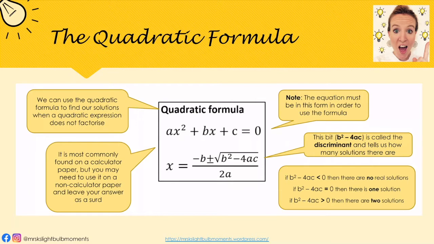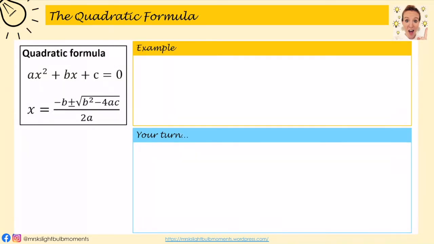We will touch on that in graphs, but they like throwing in those kind of questions and asking you how many solutions you'd expect to find, and you don't have to work out the whole question if you can just spot the b squared minus 4ac, the discriminant, and use that. Okay, let's get going with an example then. I'm going to talk about best practice and how to do this. So if you are confident using the formula and you're happy typing into your calculator, you're getting the correct answer all of the time, then carry on doing it how you do it.